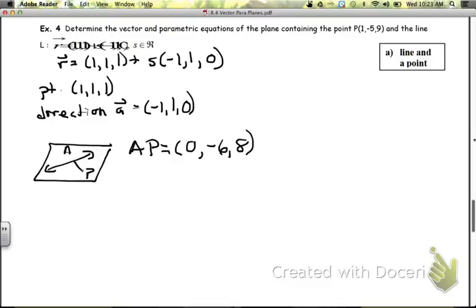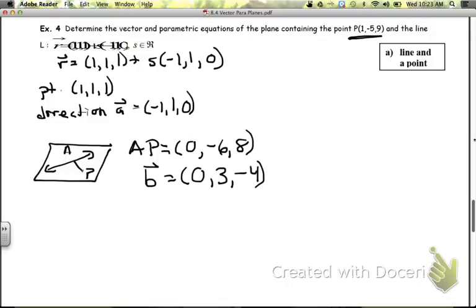So therefore, if I factor out a -2 from this, we're going to get that our vector b is going to be equal to (0, 3, -4). That comes from working with our point P and our point (1, 1, 1).